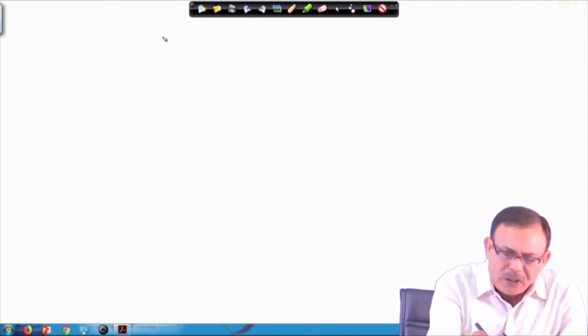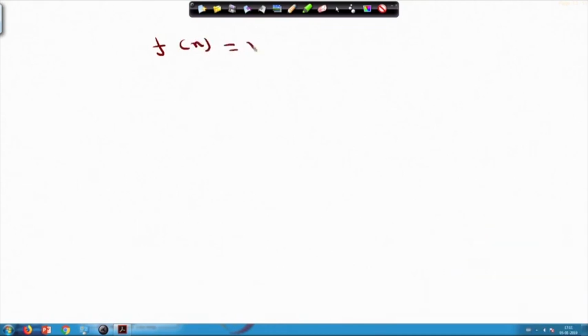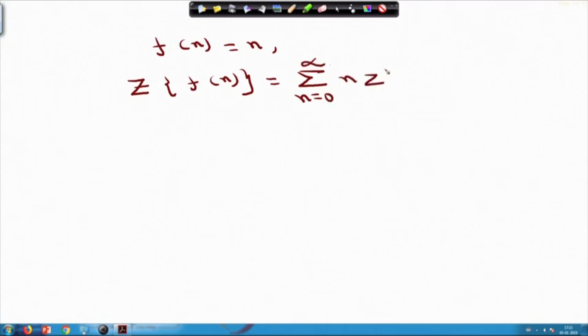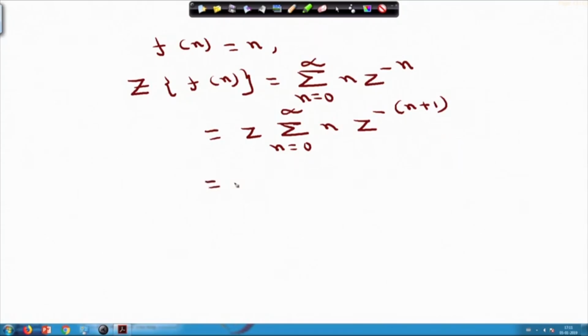Let us see another thing. Let f n equal n, then the Z transform of f n equals summation n equals 0 to infinity n z to the power minus n. This I can write down as z into summation n equals 0 to infinity n z to the power minus of n plus 1. So that this z will be cancelled, and this is nothing but minus d by dz of summation n equals 0 to infinity z to the power minus n.